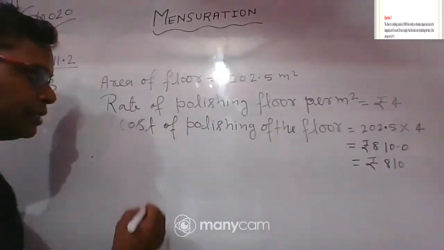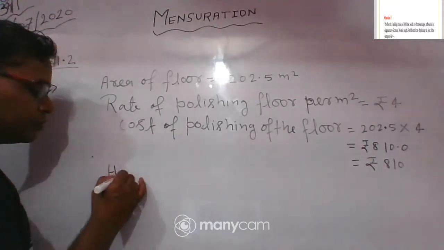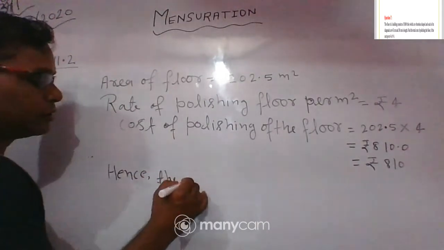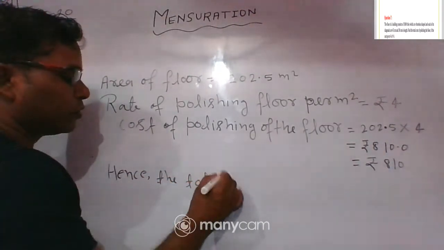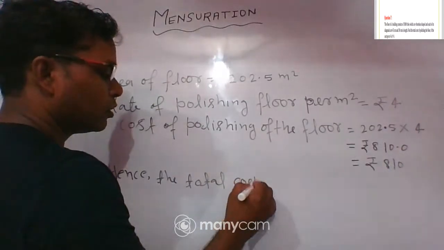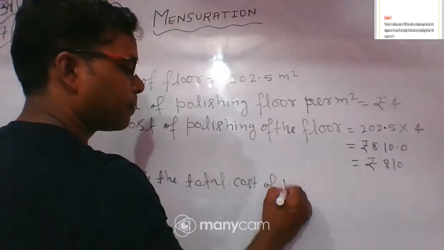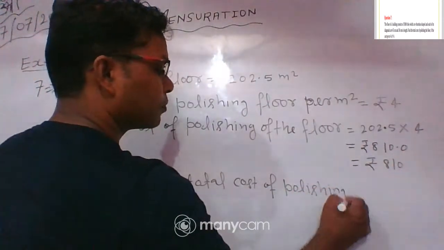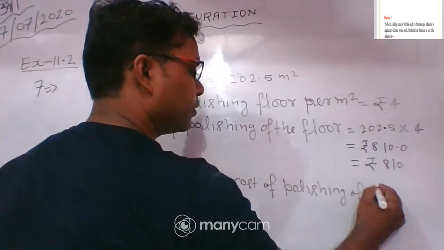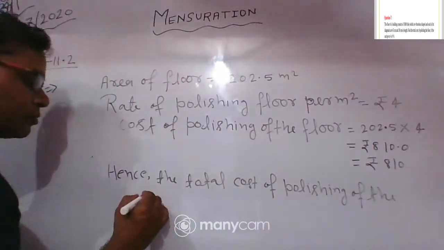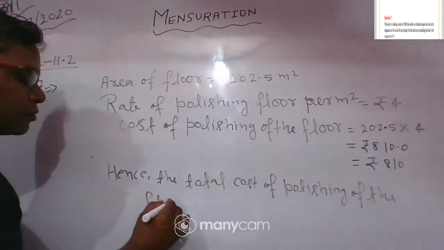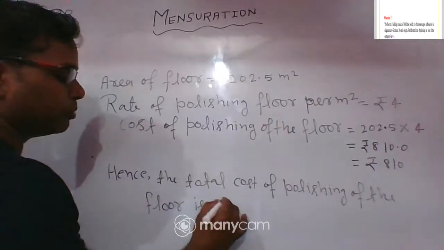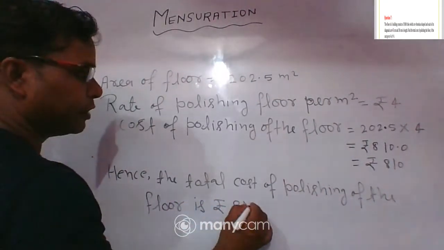At last you can write: hence, the total cost of polishing the floor is rupees 810.